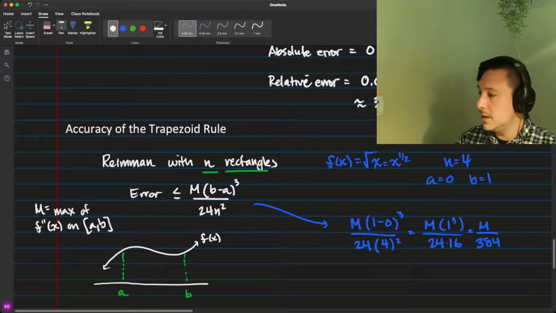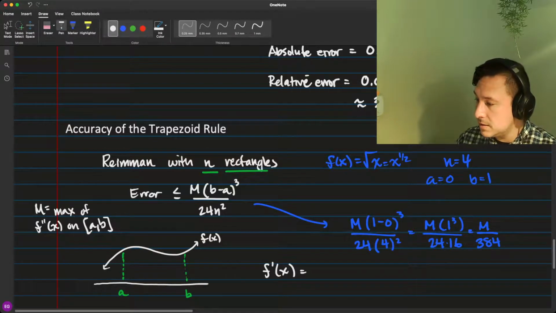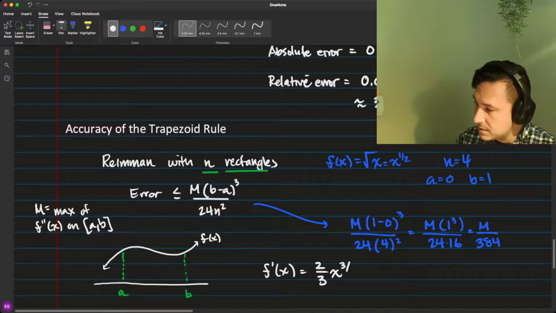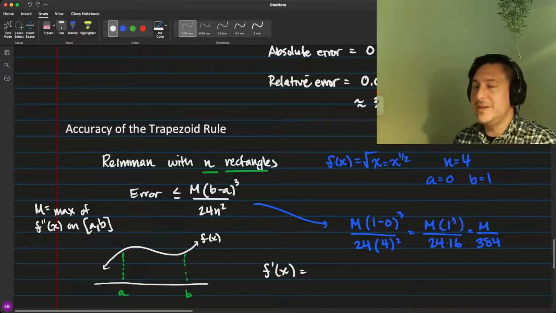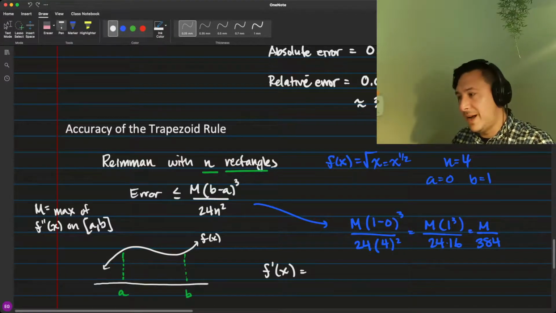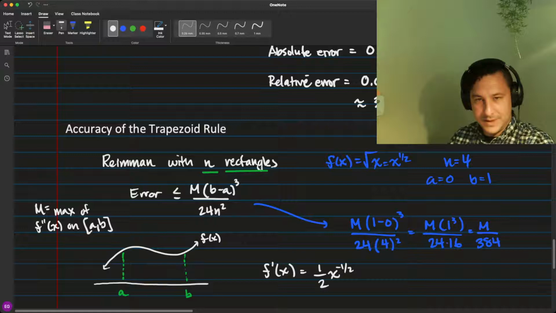Okay. So now we need to know the second derivative. Well, the first derivative is 2/3 x to the 3/2. Actually, no, that's the integral. If you take the derivative of x to the 1/2, you get 1/2 x to the minus 1/2. There we go.